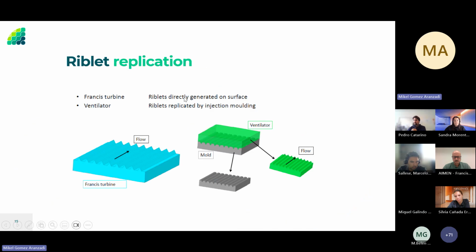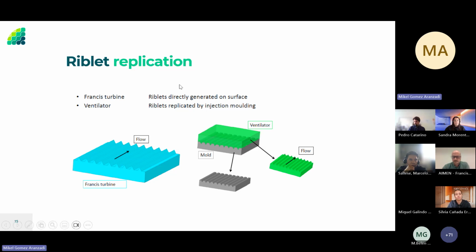The second difference is that the riblets are going to be inscribed onto the turbines directly, so we will have to inscribe the riblets directly. In the case of the fans, as they are manufactured by injection molding, we need to engrave the negative of the riblets in the injection mold.